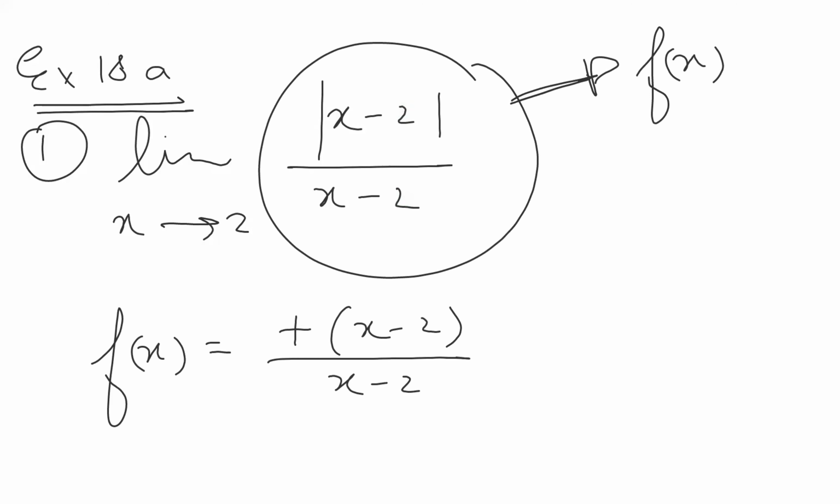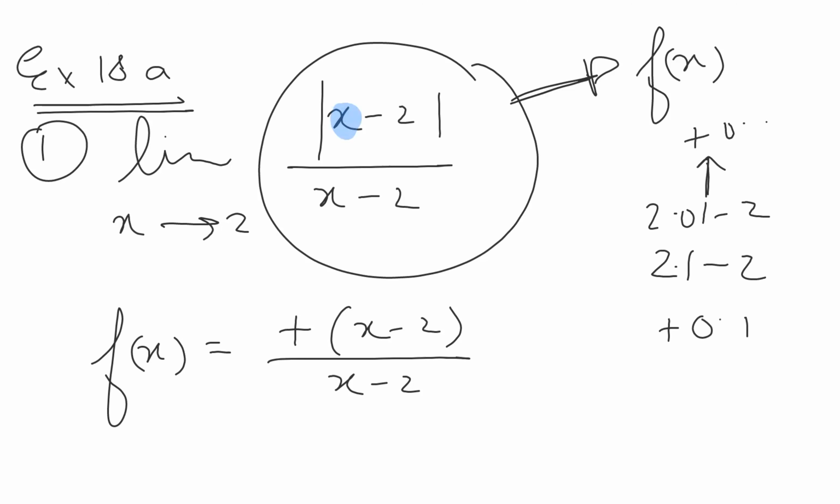So if the value of x is slightly more than 2, let's say 2.1, then 2.1 minus 2 is 0.1, so that's a positive answer. If it is 2.01 minus 2, the answer will be plus 0.01.